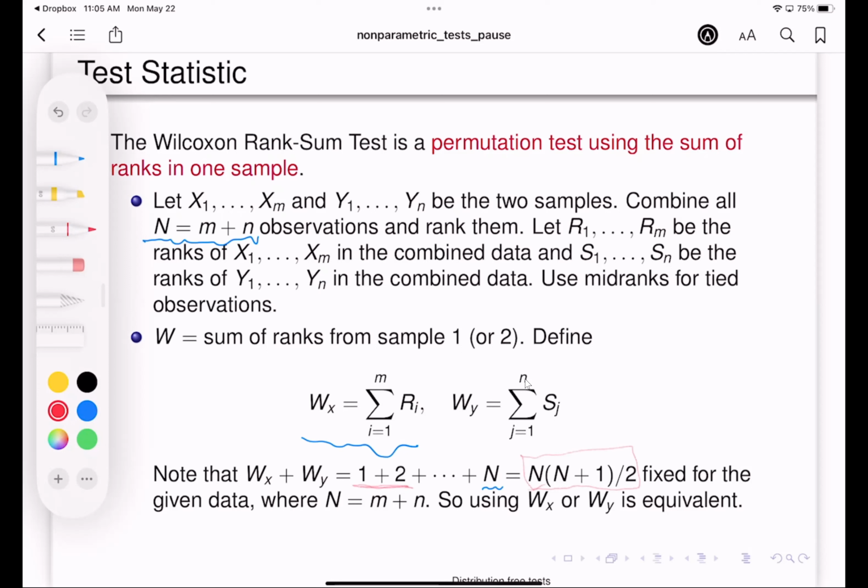If that's the case, and we compute the sum of ranks from the x sample, then we know the sum of ranks in the other sample because the total is a fixed value. So whether we use one of them or the other makes no difference. These two sum of ranks procedures would be equivalent.